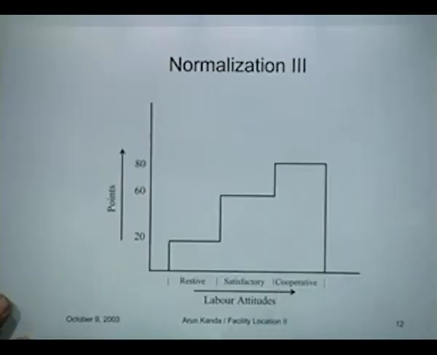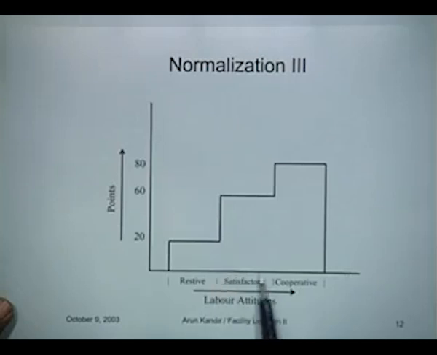For instance, if you have a factor like labor attitudes, typically you might want to classify labor attitudes into 3 categories: bad, medium and good, or you might say restive, where the labor is so restive it is willing to pick up a danda for every small provocation. So, it is a restive labor.